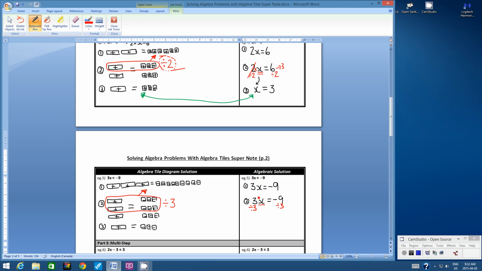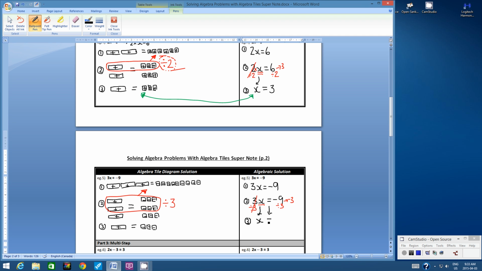3 divided by 3 cancels each other out because it just remains as 1. Negative 9 divided by 3 equals, hopefully you remember your integer rules, negative 3. Okay? All right, so let's draw what remains. What remains here is x, because the 3 divided by 3 canceled each other out.